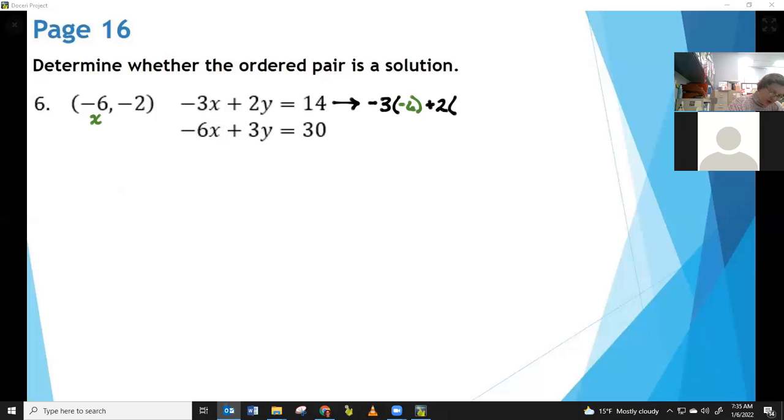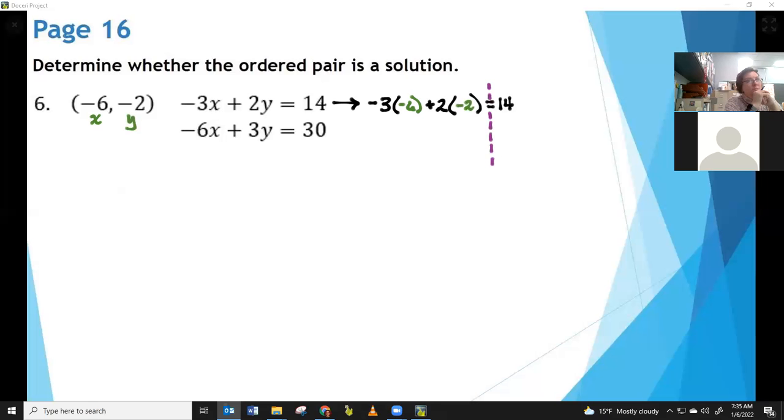What do I put in the place of the y? -2. Thank you. And then I recopy my equal sign and my 14. Just like before, cannot cross the equal sign. We're going to simplify the left. We're going to see if that gives us what is on the right.